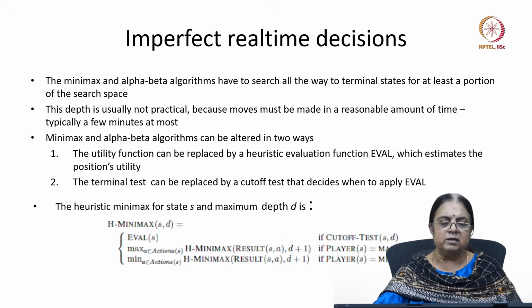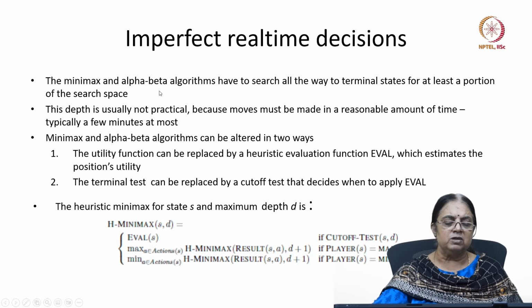So what you get is heuristic minimax. It's not actually the evaluation of utility, the utility of S where S is a terminal node, but a cutoff test. You have decided you're going up to a particular cutoff.